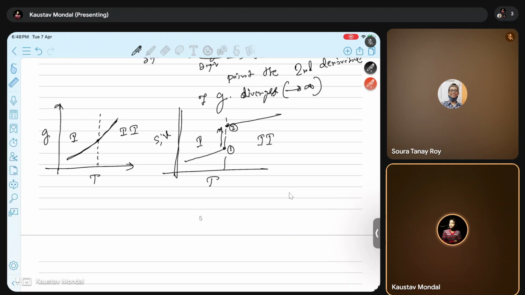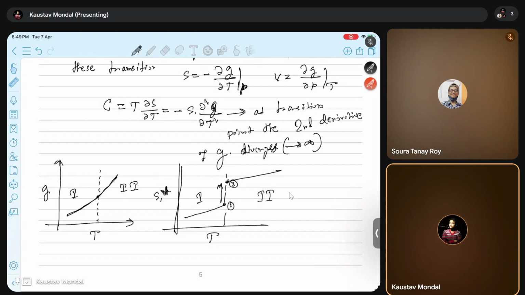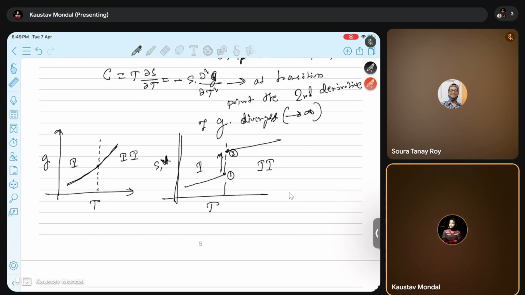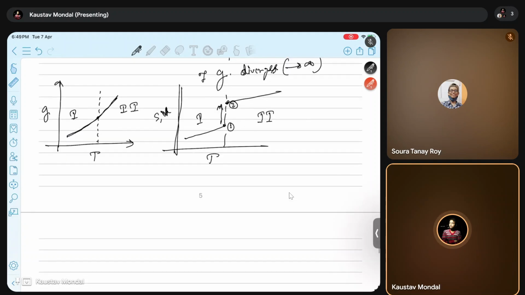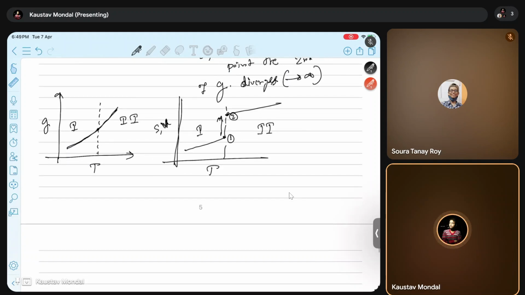Since S and V are the first derivative of Gibbs energy, during the phase transition point, it will show this discontinuity. That means just a jump, you can say. And if you plot the specific heat, that is C, which is basically related with the second derivative of Gibbs energy, C is proportional to del square G del T square.